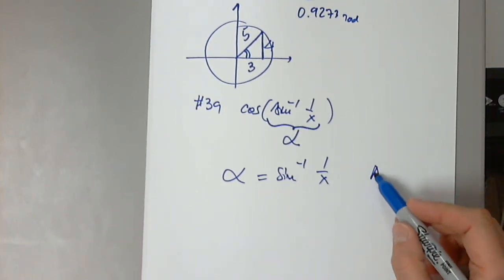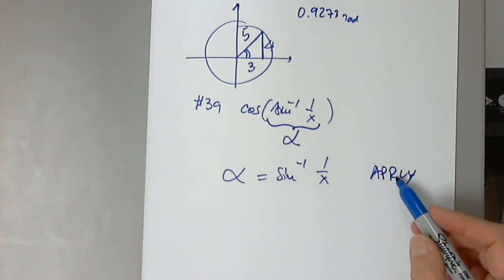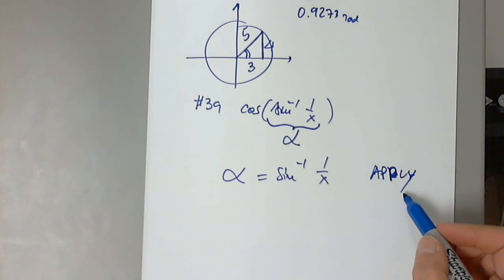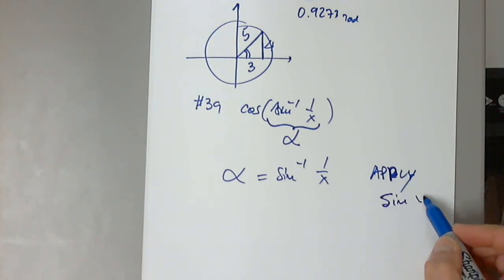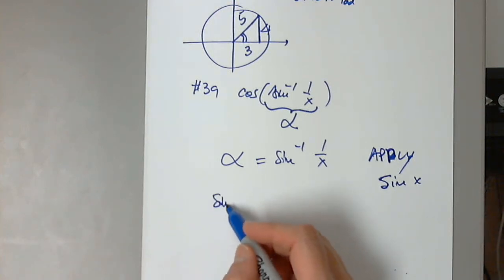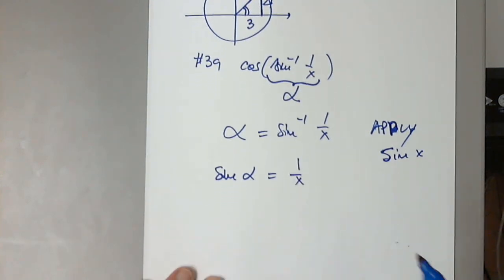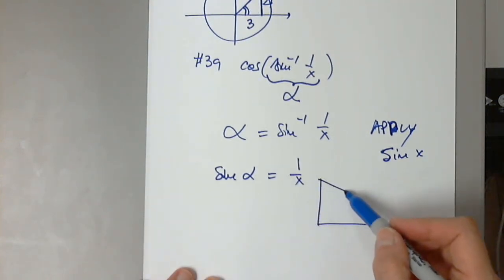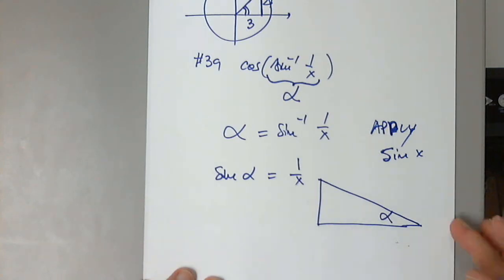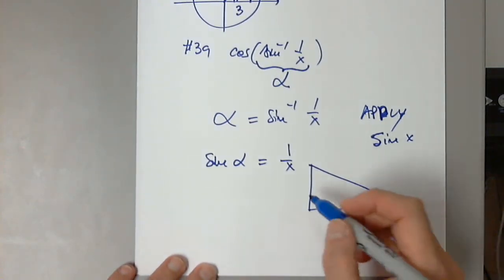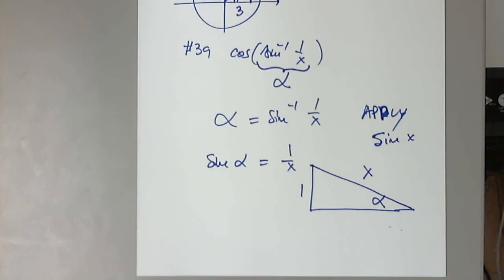I would like to apply which function to both sides? I would like to apply sine to both sides. So I get sine alpha equals, excellent. So there exists a right triangle with an angle alpha whose sine is 1 over x. So there is a right triangle with an acute angle alpha whose sine is opposite over the hypotenuse.